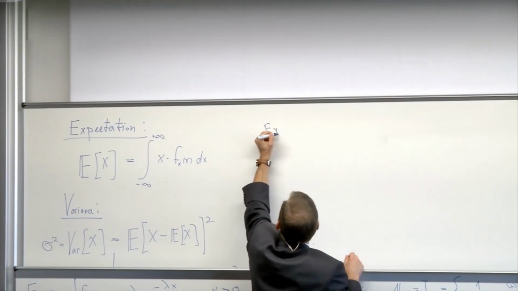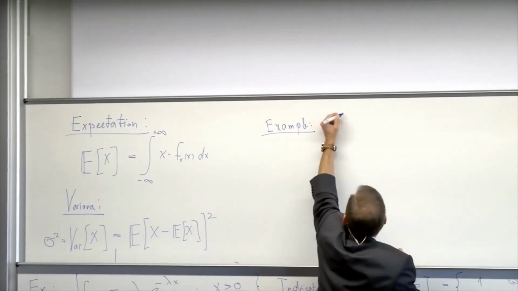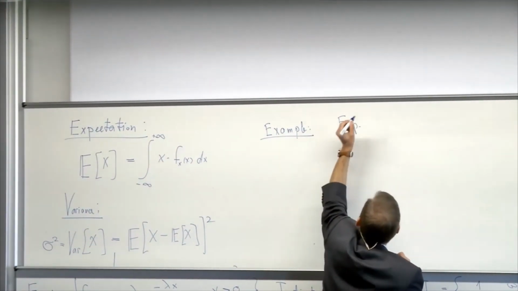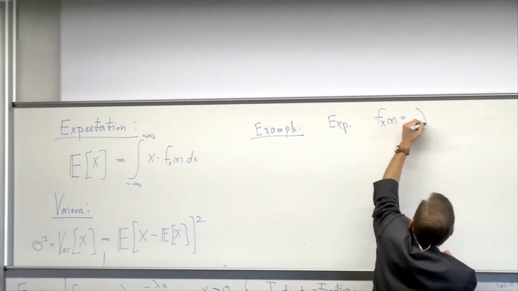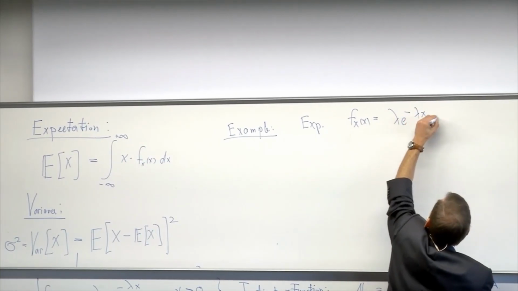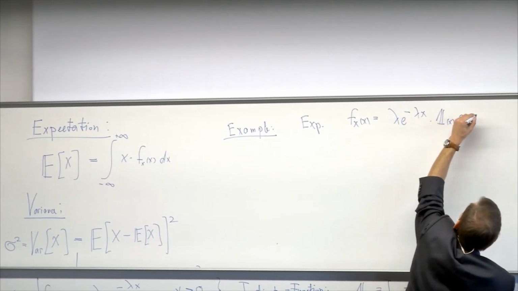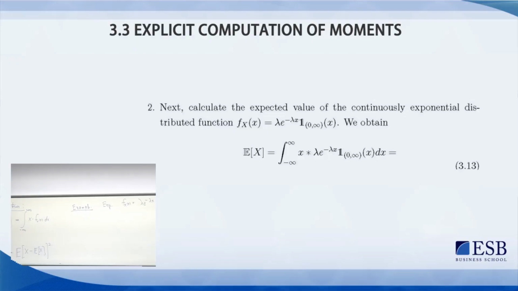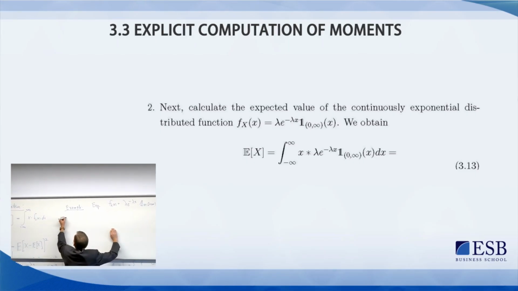So let's continue the example for the so-called exponential density function, which, as you already know, is lambda e minus lambda x times this indicator, so only for positive x. And I want to know the expectation of this density function. How can I find this?